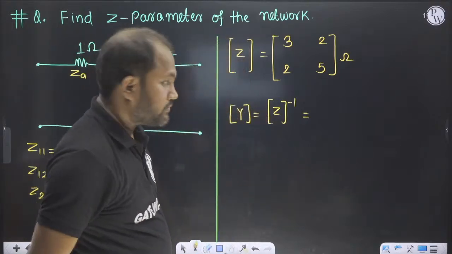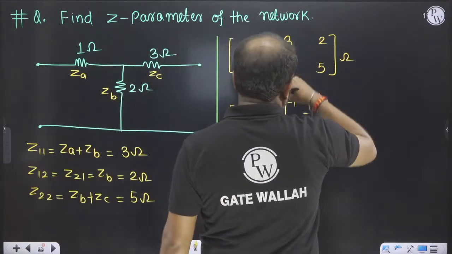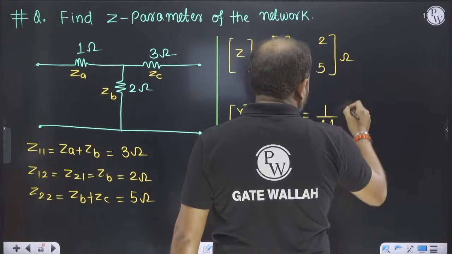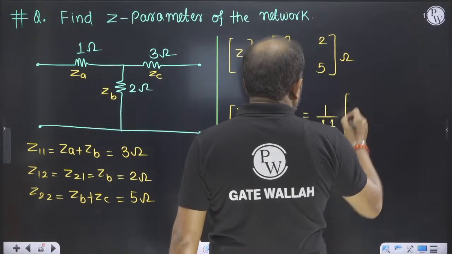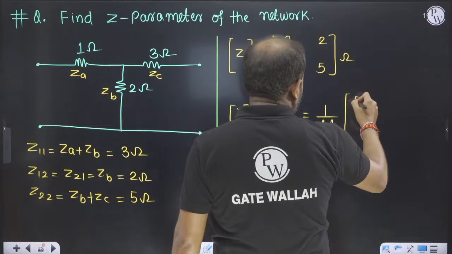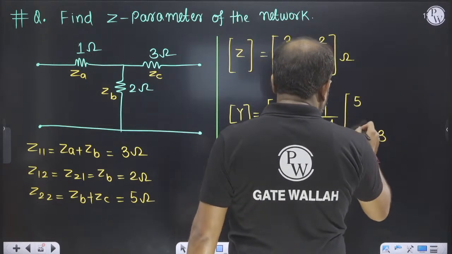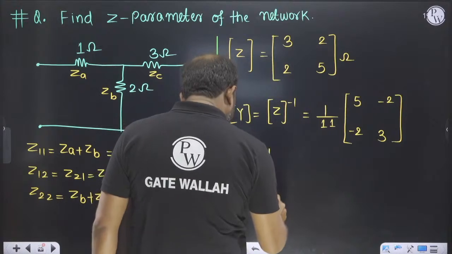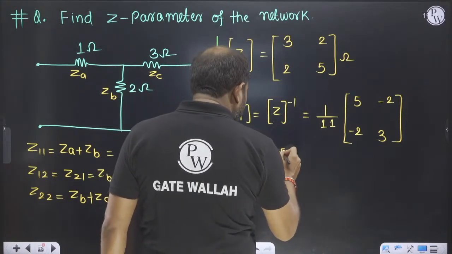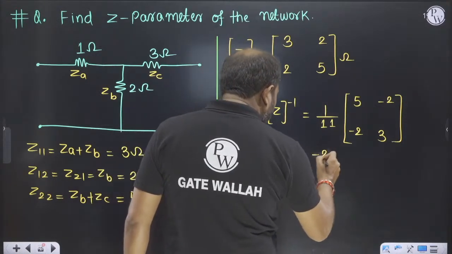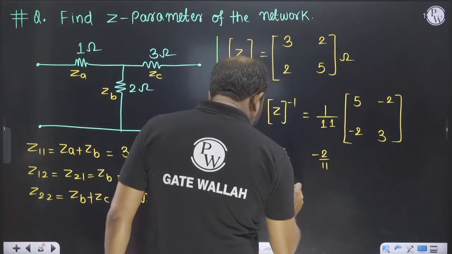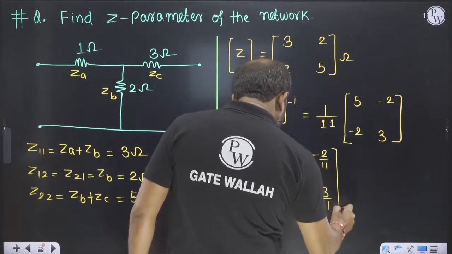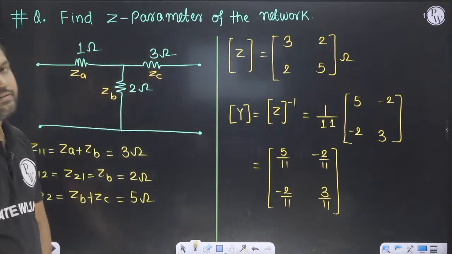So Z inverse: 5 3s are 15 minus 4 is 11, 1 by 11, and 3 and 5 will be interchanged, and this one is minus 2, minus 2. So Y parameter will be 5 by 11, minus 2 by 11 and minus 2 by 11 and 3 by 11. So this is our Y parameter.